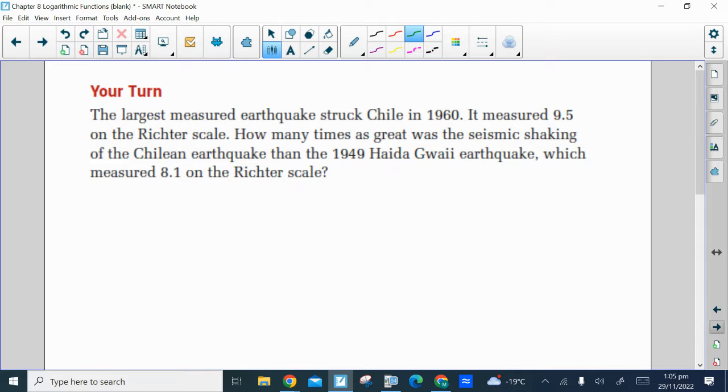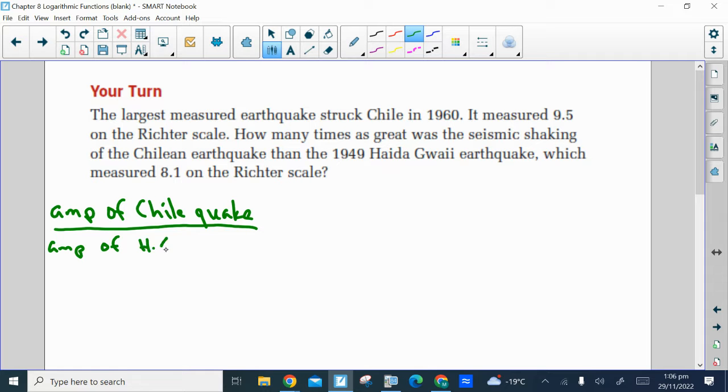So this is exactly the same as the one that we just did, where you're going to divide the amplitudes of the two, to see how many times greater one is compared to the other. We're going to take the amplitude of the Chile quake, that's the one that's greater, and divide it by the amplitude of the Haida Gwaii quake.